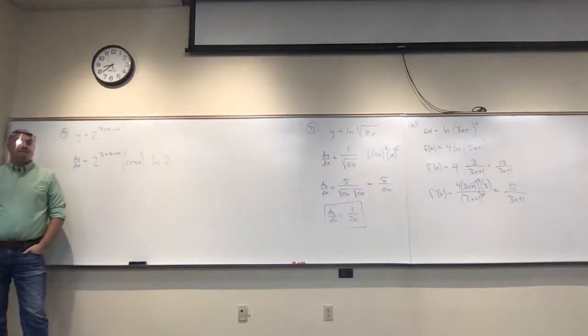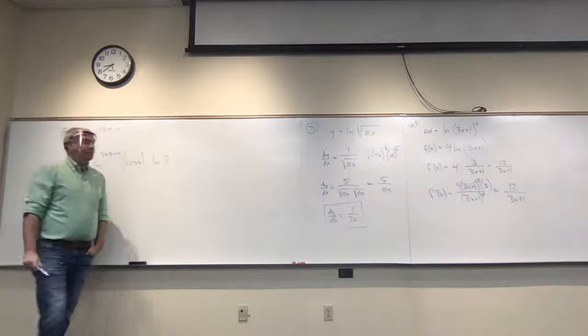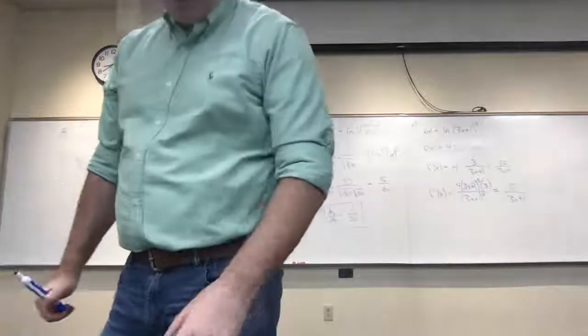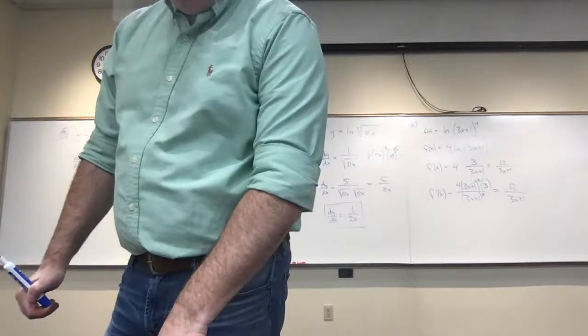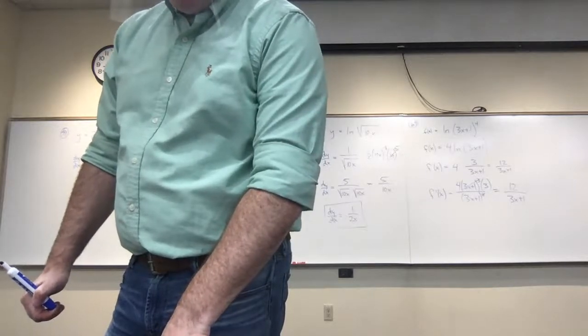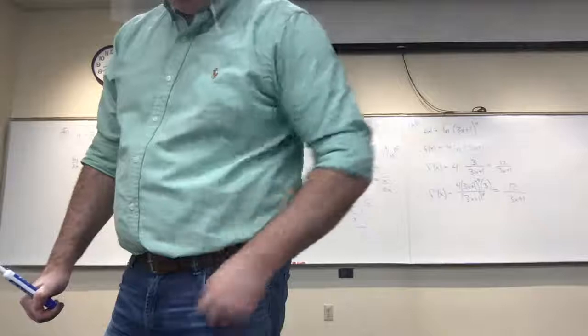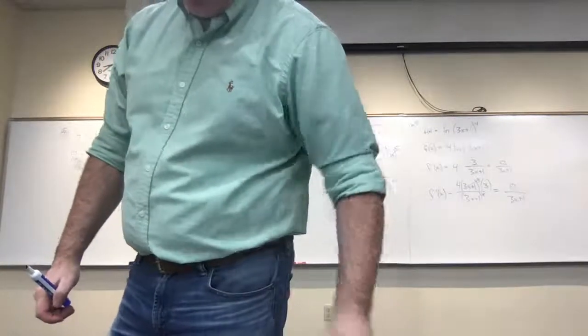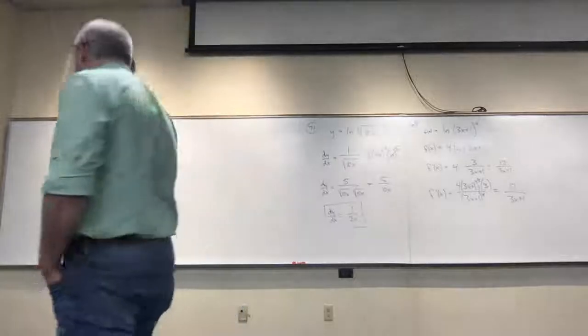Yeah. Can you do 45? 45? Yeah. 45. Okay. So we have A equals 250 times 1.045 to the 4t. Okay.